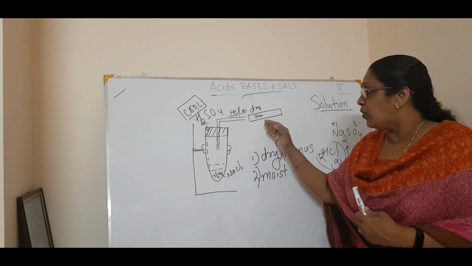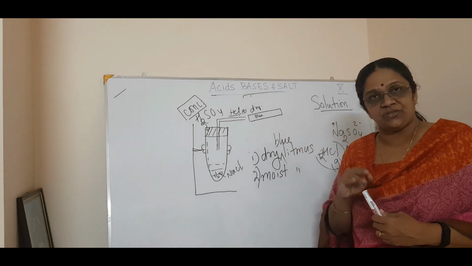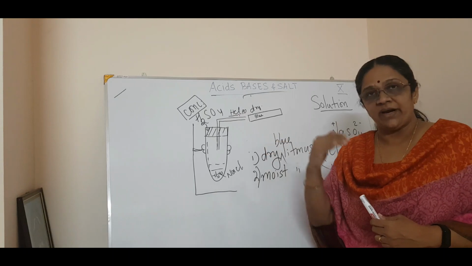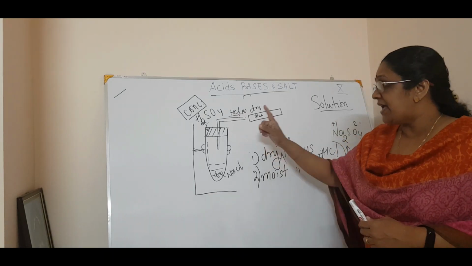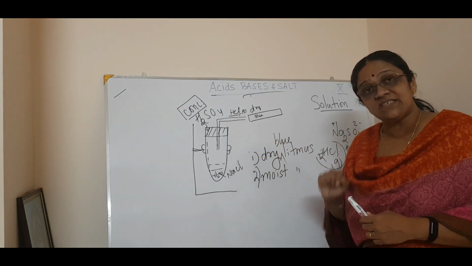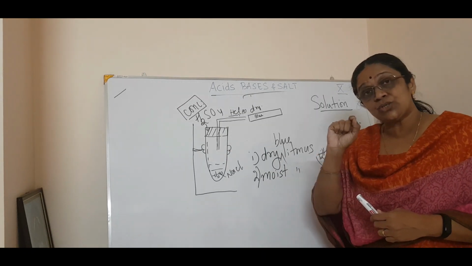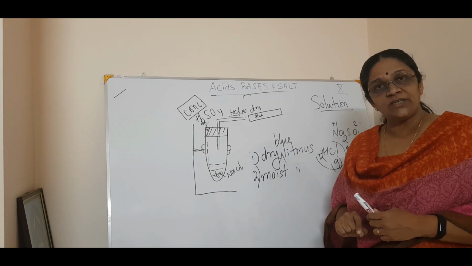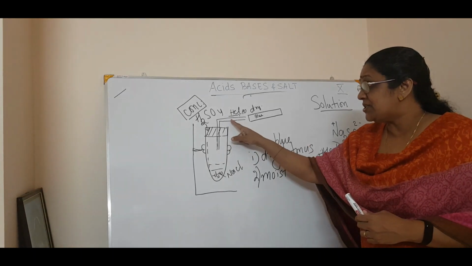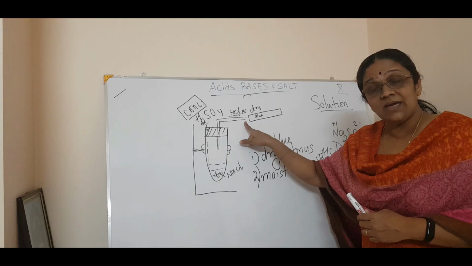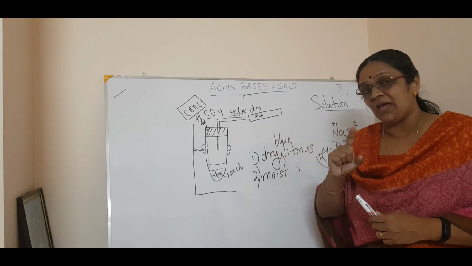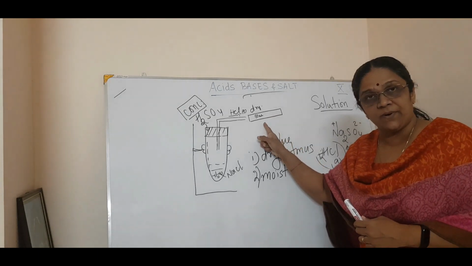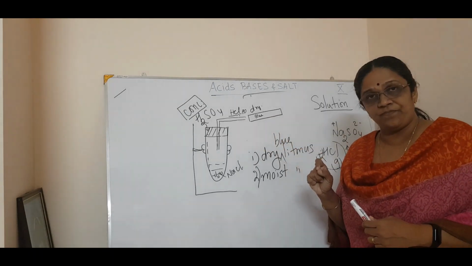That is, the blue color remains as such, the blue color is not changing into red, which means that the HCl gas evolved in this reaction is not showing the acidic behavior. Got it? The HCl gas coming through this delivery tube is not showing acidic behavior when we show a dry blue litmus paper at the mouth of this tube.